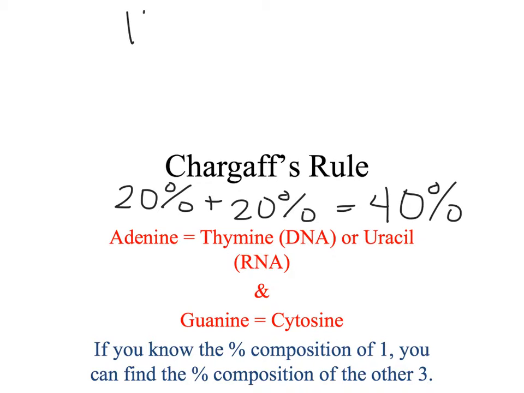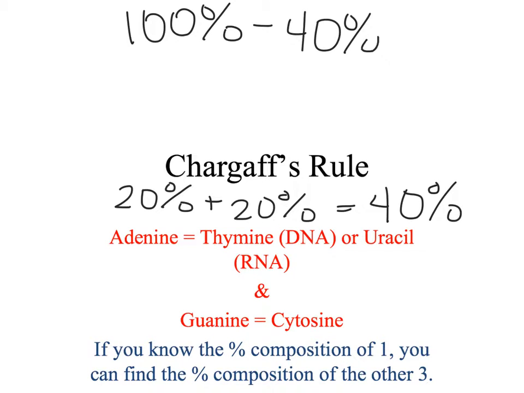What's 100% minus 40%? 60. So that tells us that the remaining amount of guanine and cytosine has to be equal to 60%.